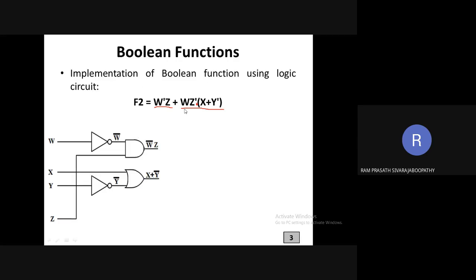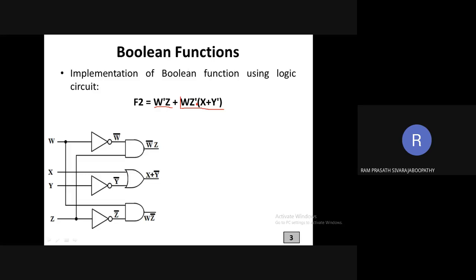Now this term is not yet complete. Still we have to generate wz bar. For that what we are going to do? Z bar ANDed with variable w, we get wz bar. This term wz bar we have got.